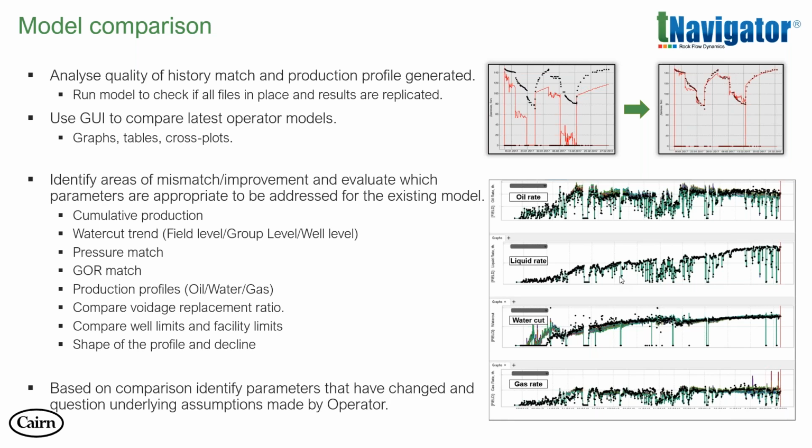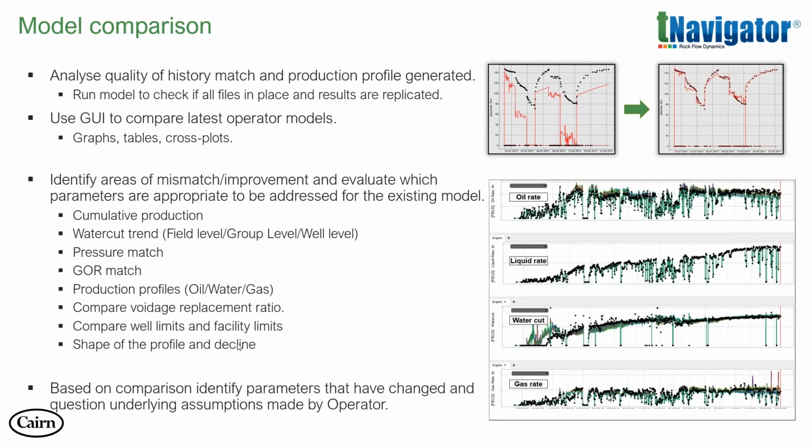So it's good to have a quick check, and usually most of the software I had previously wouldn't have the voidage replacement ratio. It was quite neat that tNav provided that within the software itself. So it saved me time from moving data between different platforms in effect.